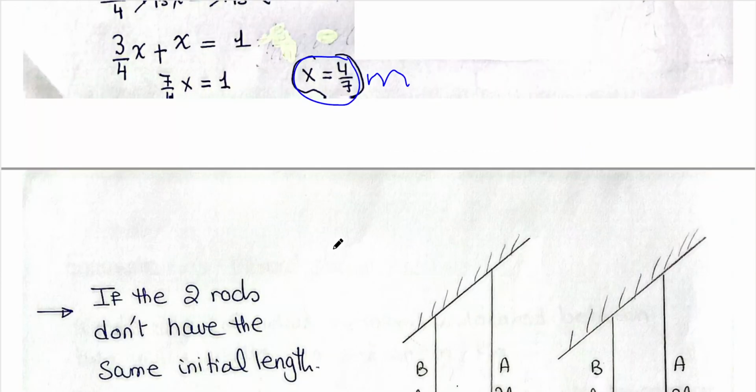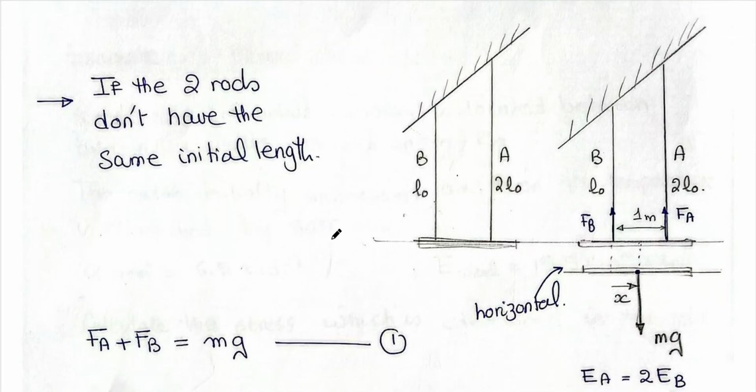Let's see another idea. If the two rods don't have the same initial length, rod A initially starts with 2L naught and rod B initially starts with L naught, and the sheet is neglected in math, then we make the same procedure.